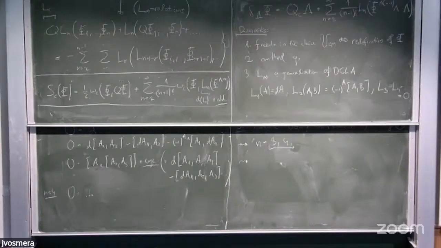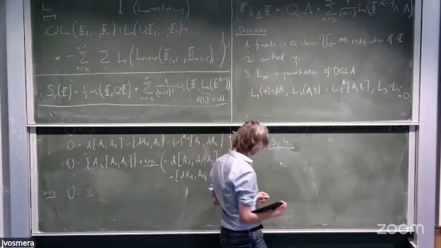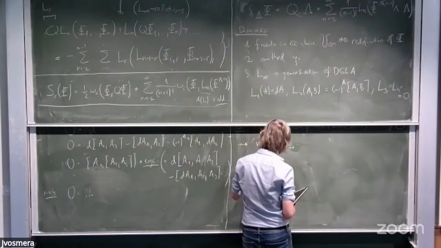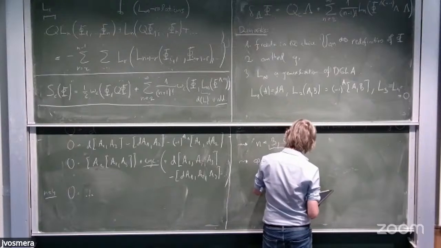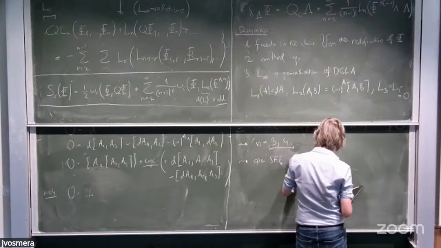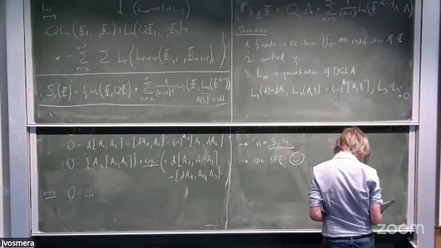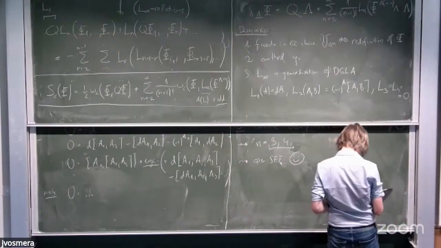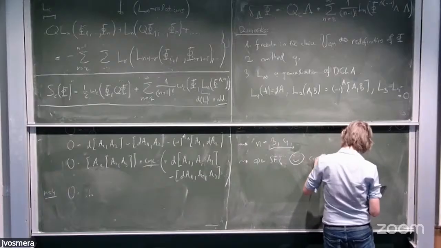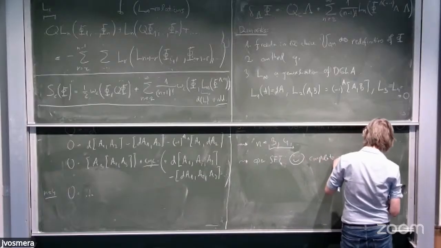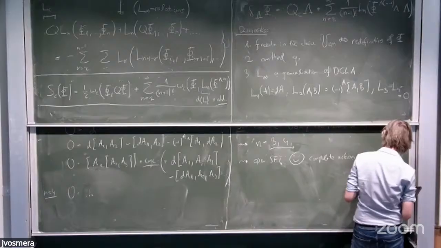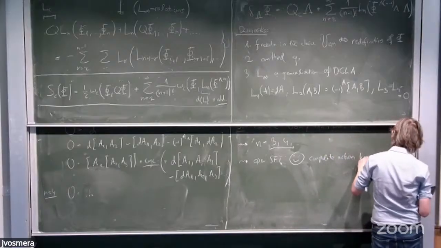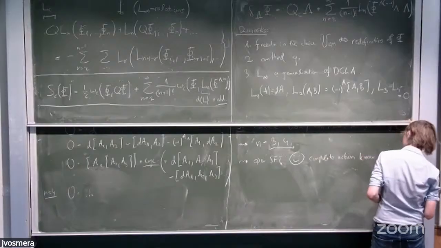So in open SFT, we can actually do a smiley face because we have a complete action. In open SFT, we happen to be very, very lucky and show that there is a choice of the cubic vertex which already covers the complete moduli space.